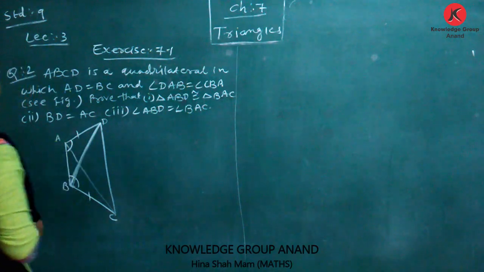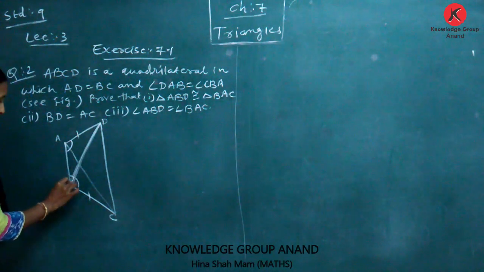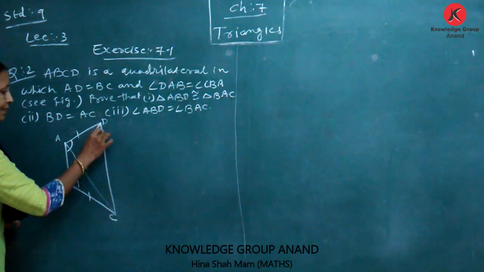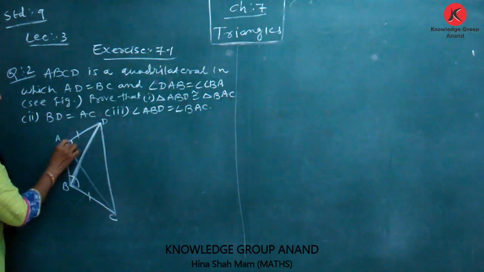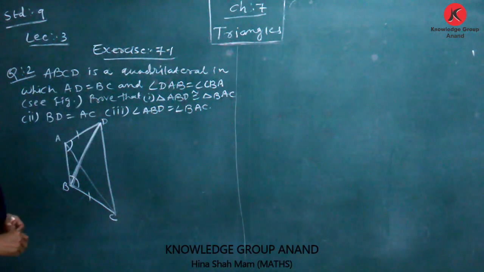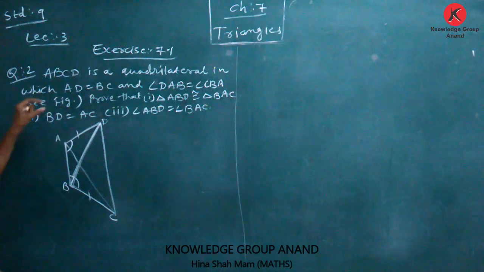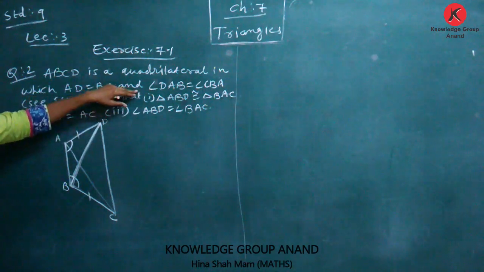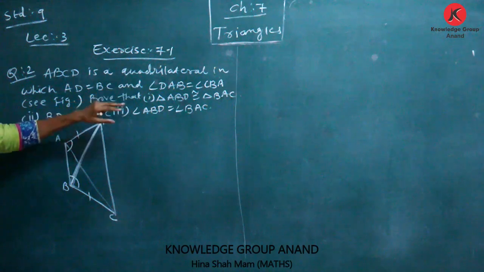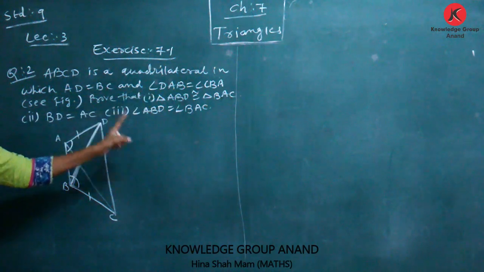In this question, ABCD is a quadrilateral in which AD is equal to BC and angle DAB equals angle CBA. This is our given part. To prove: 1, 2 and 3.